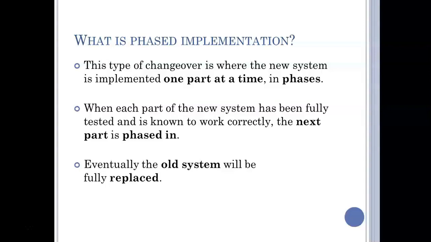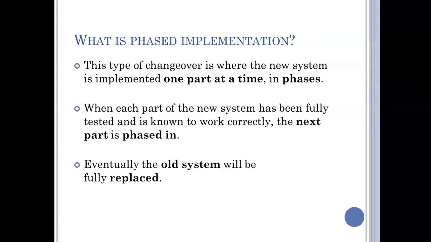So we can, for example, say that we are going to introduce 25% of this new system into our business. And when that part is being used and we are all confident that it works correctly, that the system is flawless, then you can introduce the next 25%.